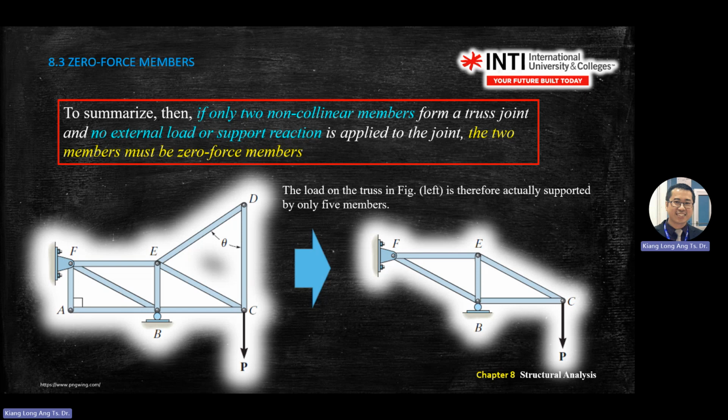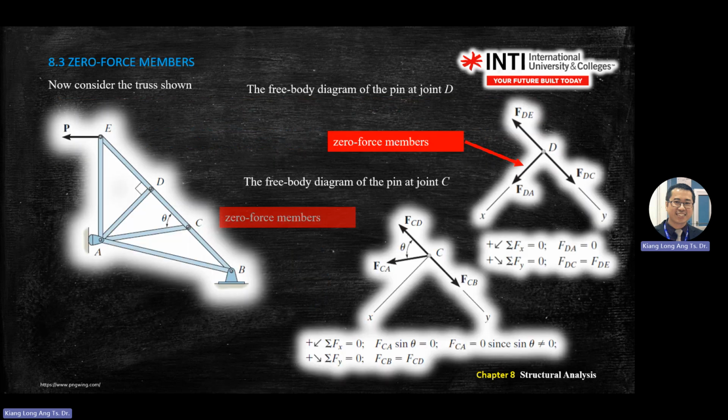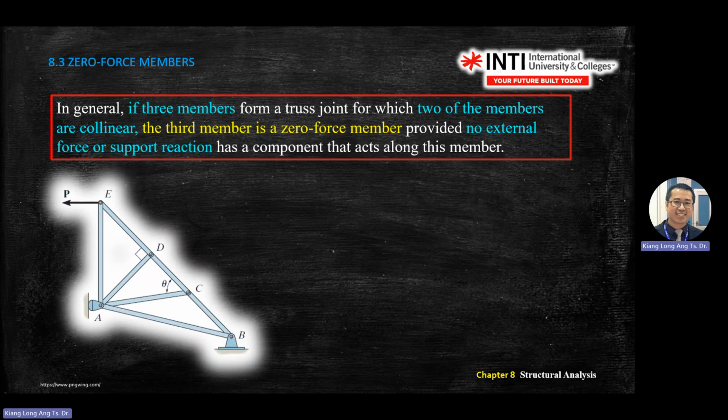If you're using this approach, then you write this one and then you eliminate. Tell me what the zero force member is. Another one is this one. There's a statement here: if 3 members form a truss joint, and 2 members are collinear, meaning in the same line, the third member is a zero force member.